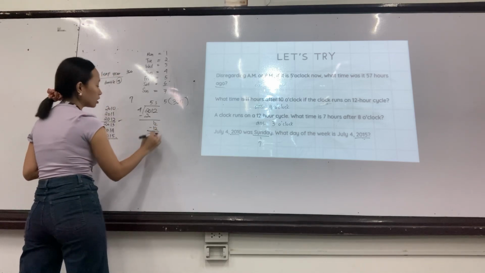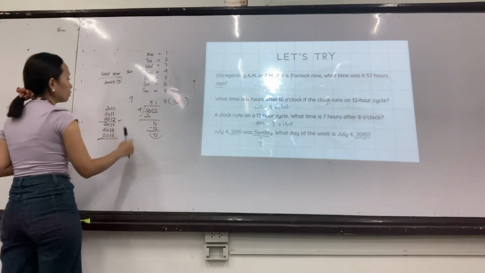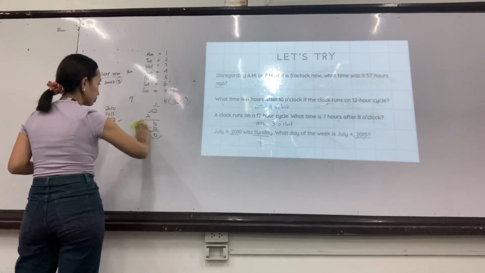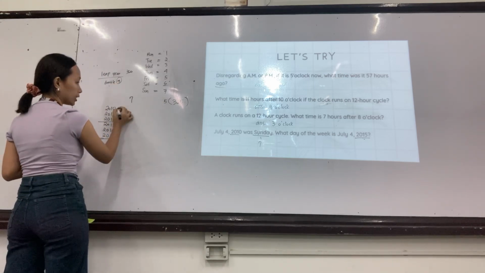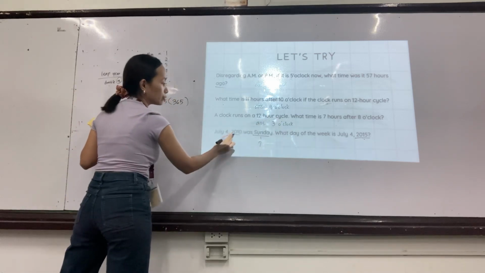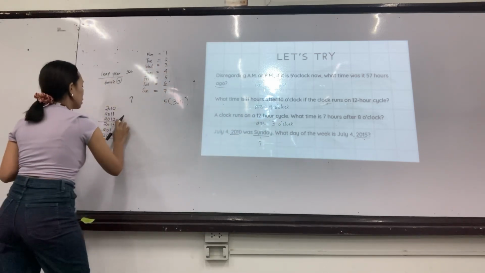Right? There's no remainder, so this is divisible by 4. So we have identified one leap year within the 5-year span from 2010 to 2015.